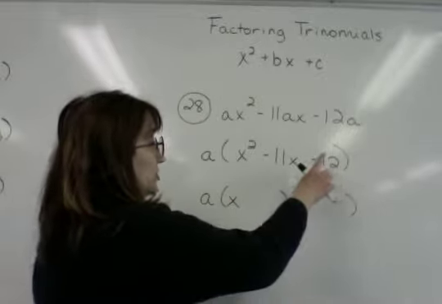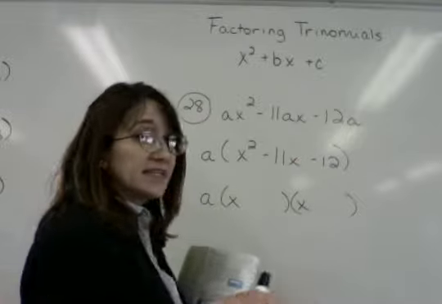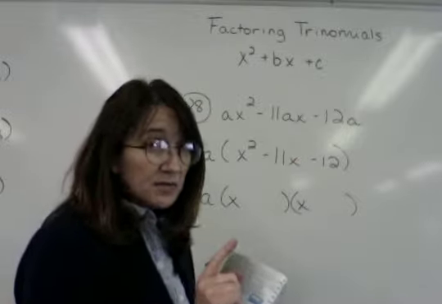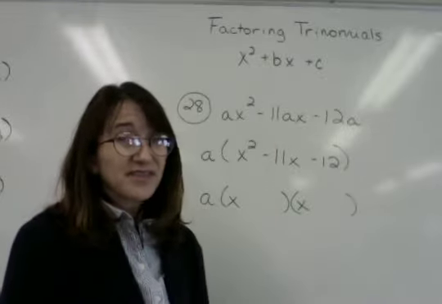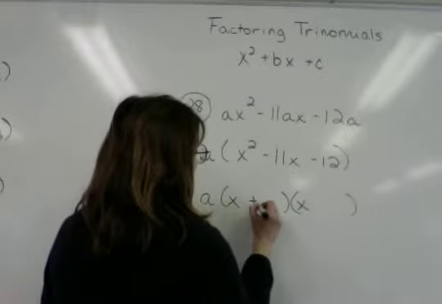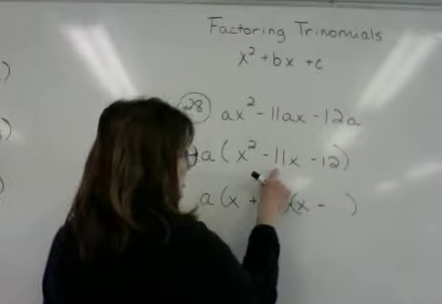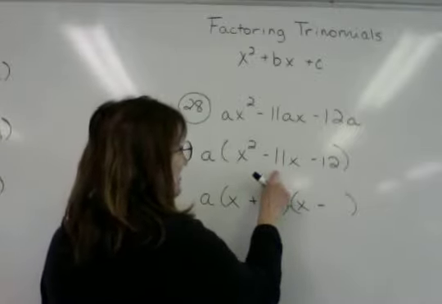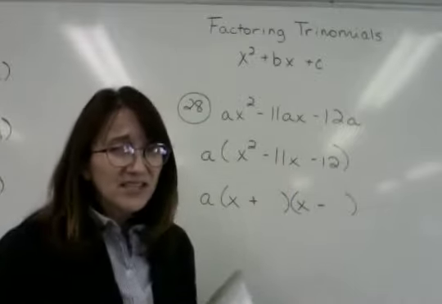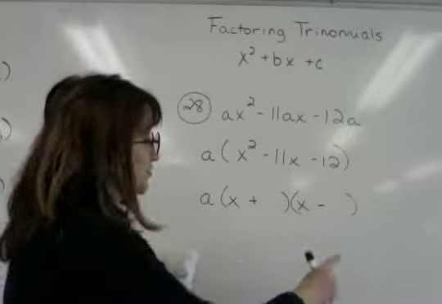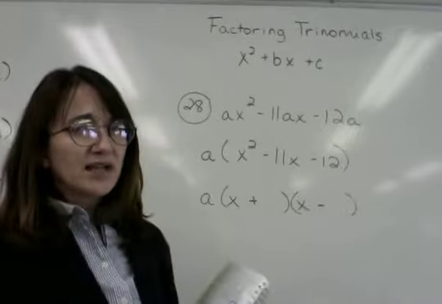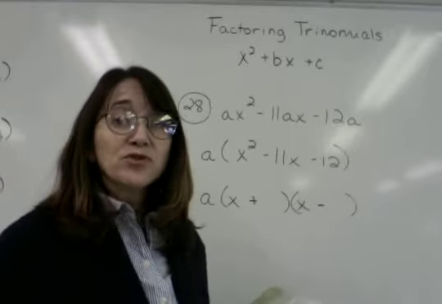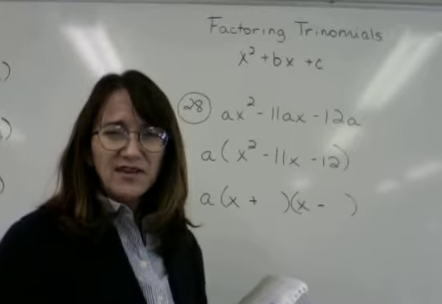Then I look here. Okay, it's negative. That's telling me my signs are not the same. This is telling me that I need 11, so my largest factor has to be negative. So my largest factor will be here. Well, what are two factors of 12 that if I put them together, I'd end up with a negative 11?